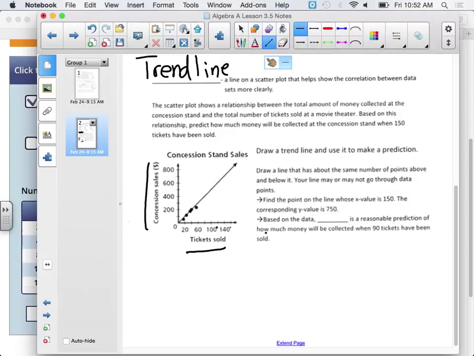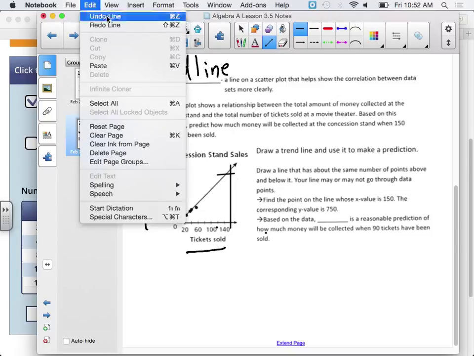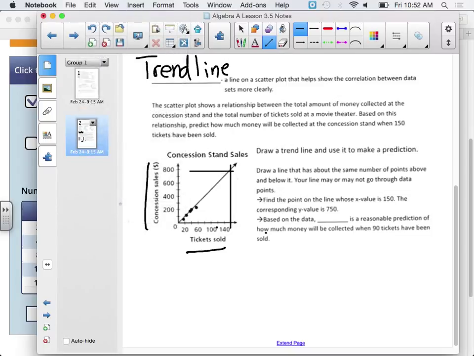Okay, there we go. That better shows it, but yeah, since we're just estimating, as long as yours are kind of close, you'll be good.